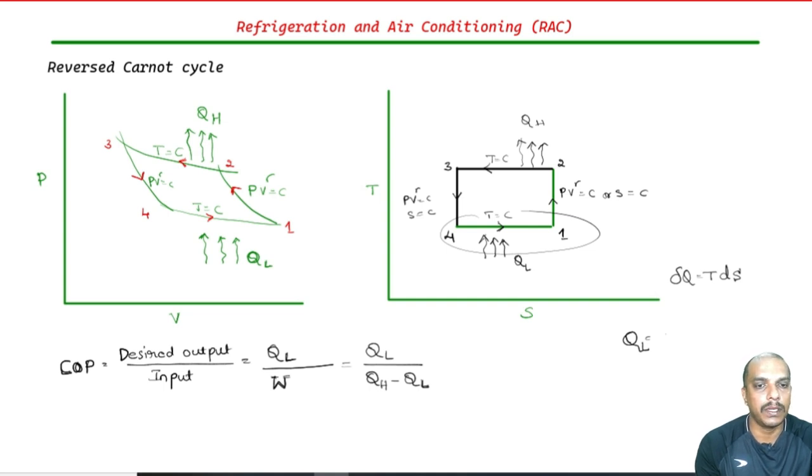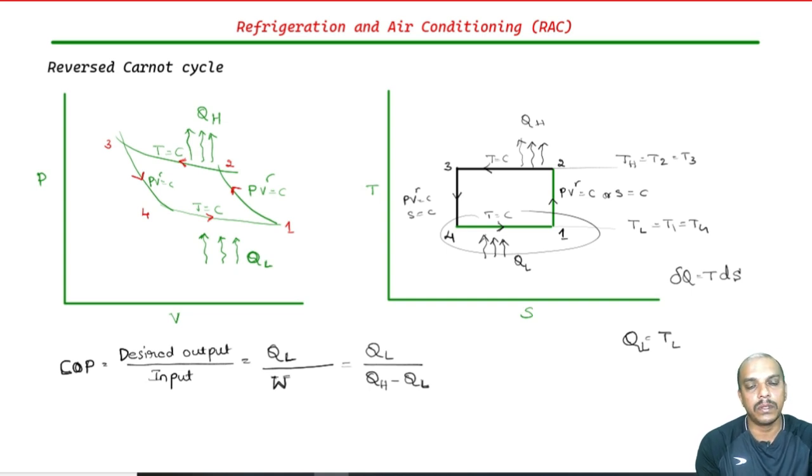Now, QL can use the lower temperature. Remember, we are operating between only two temperatures. This is a constant temperature, this is a constant temperature, all right. So, I will call this TL equal to T1 equal to T4. Similarly, here the higher temperature TH is equal to T2 equal to T3. So, we are operating between TL and TH, that is it.